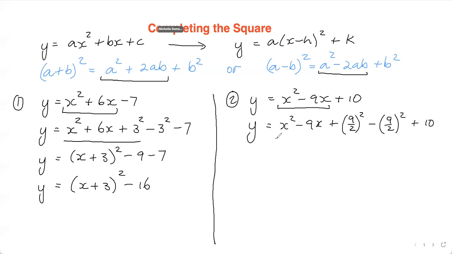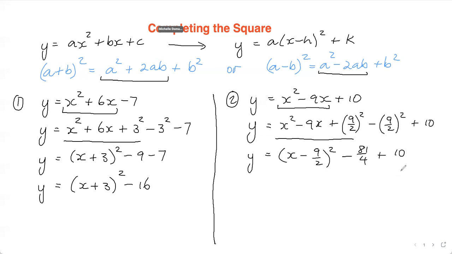Now looking at these three terms here, I now have a perfect square, which I'm going to put in factorized form. So I'm going to write that as (x minus 9 on 2) squared, and then simplify this bit. When we've got a fraction squared, remember we need to square the top and square the bottom. So that's 81 over 4 plus 10.